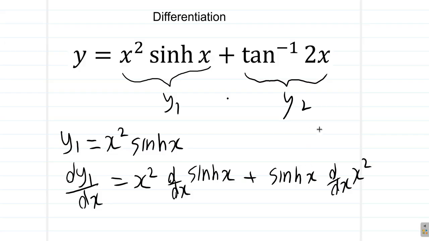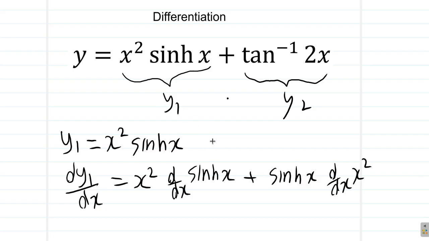Remember, when you have the derivative of uv is equal to u dv plus v du. Alright? You have two products multiply one another.